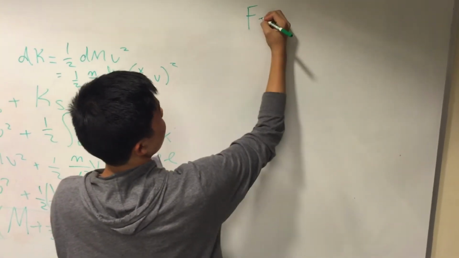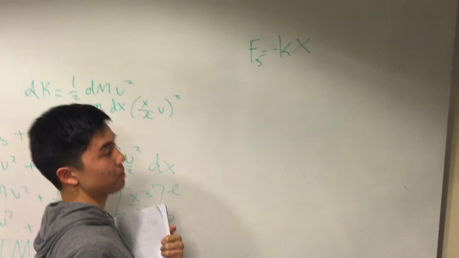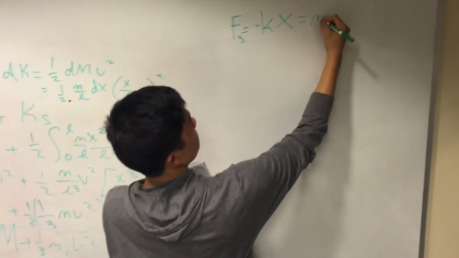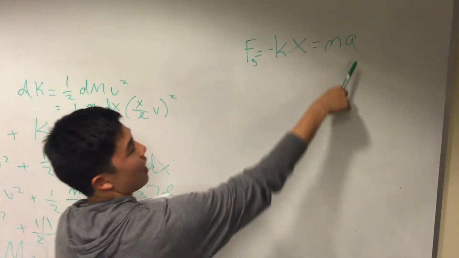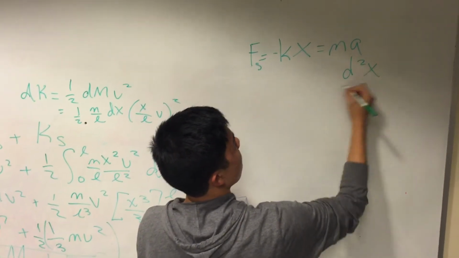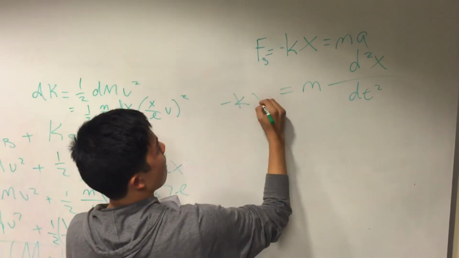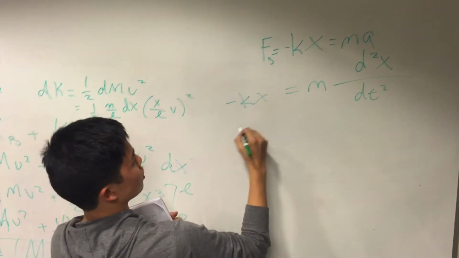The force acting on the block is the force of the spring, and that is equal to MA, and A is the second derivative of position. Then we'll do some algebra.